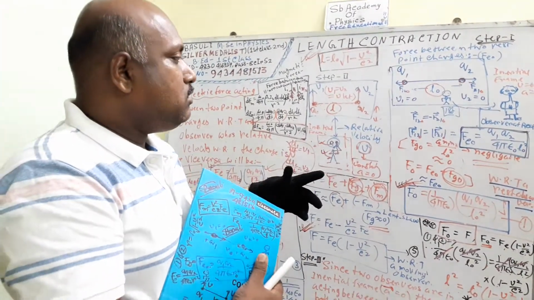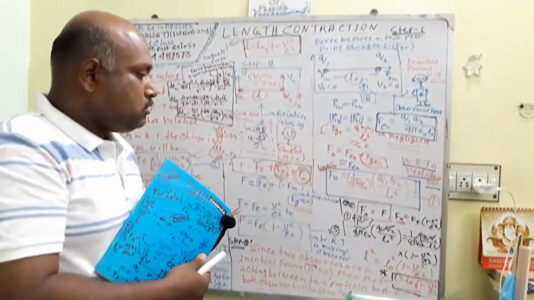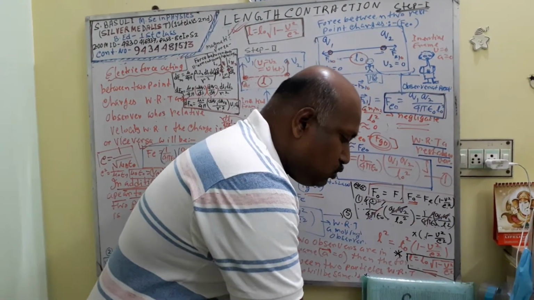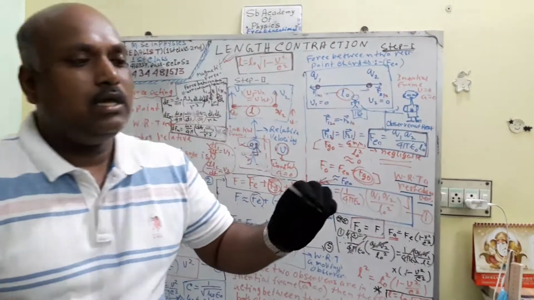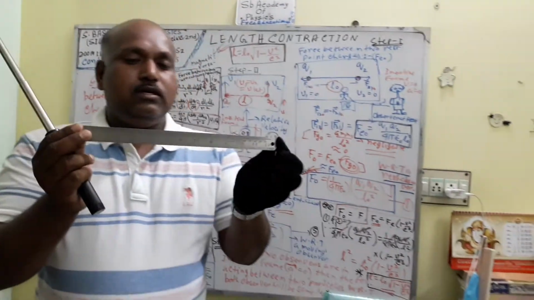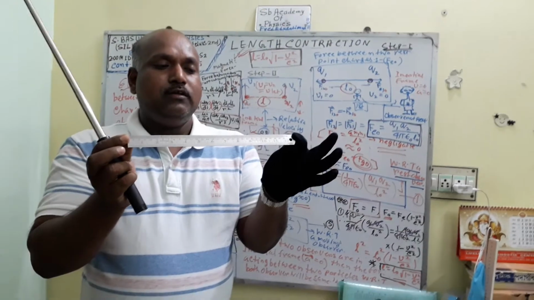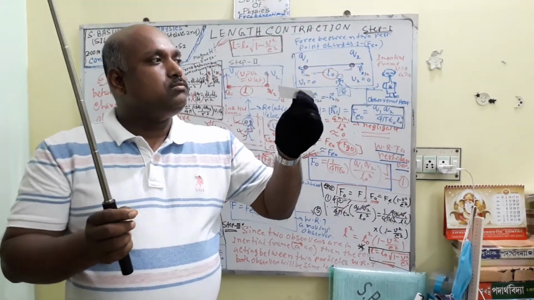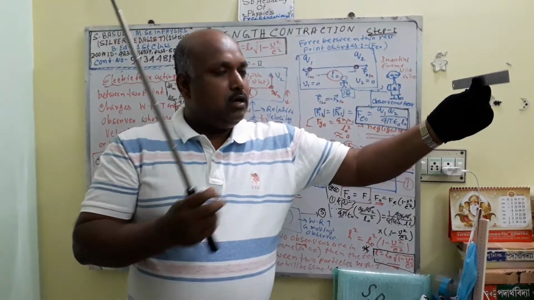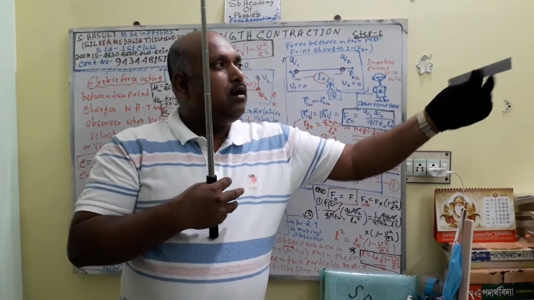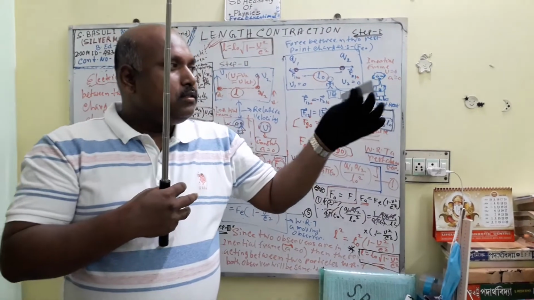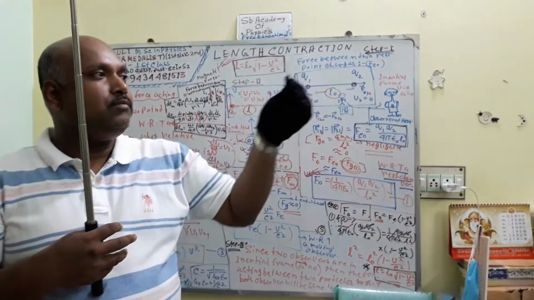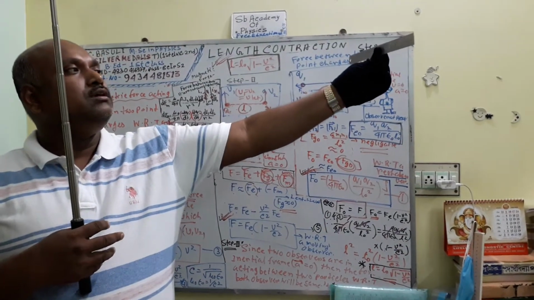Now I am telling you another point: when one body is at rest, the length of the body is called L naught. But when this body is in motion, moving away from me or coming towards me, whenever there is a relative velocity between the object and the observer, the length of the body may change.